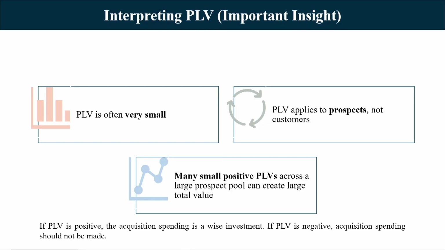Now, let us have a detailed discussion, a critical analysis about this, how we interpret this prospect lifetime value. One thing we have to remember is that prospect lifetime value is very often a very small value as compared to customer's lifetime value, because of the fact that the conversion rate from prospect to customer is very low.